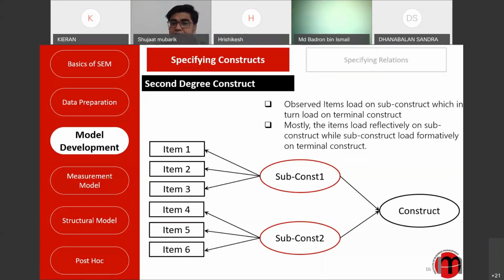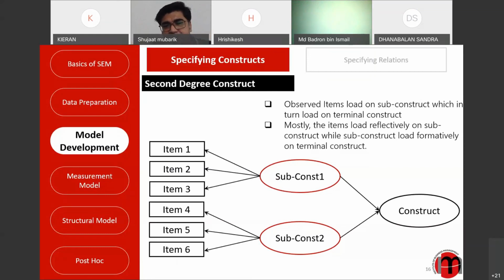The third case would be formative, in which the items are forming the subconstructs and the subconstructs are forming the construct. In that particular case, we cannot remove any single item or subconstruct from our measurement model, which is in fact rare. It does not happen very frequently. It may be a very exceptional construct.